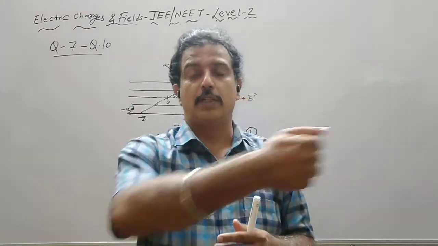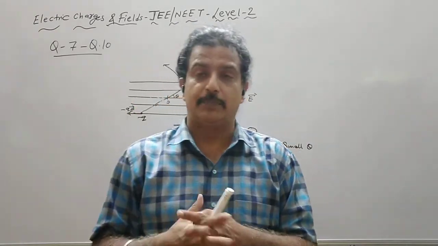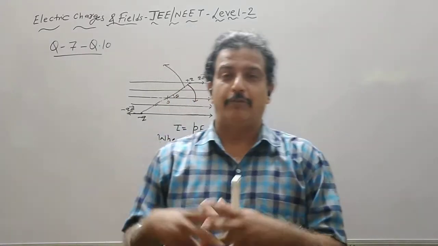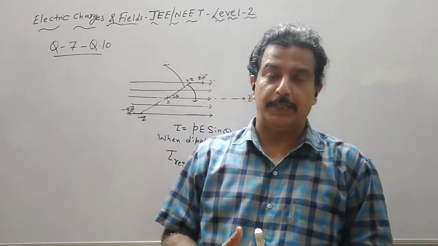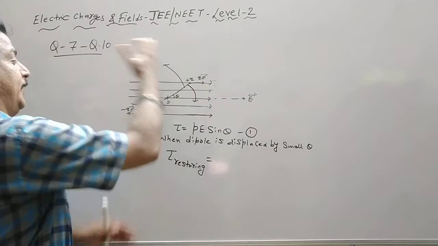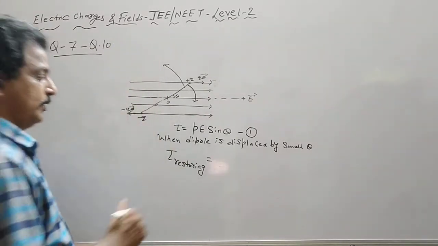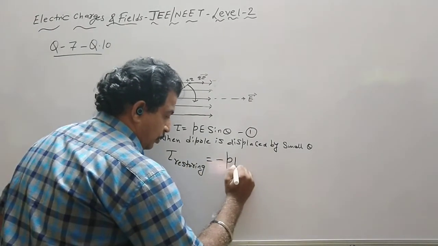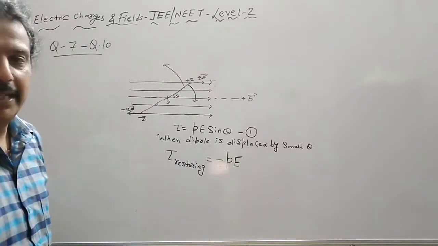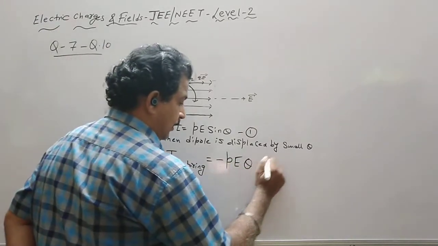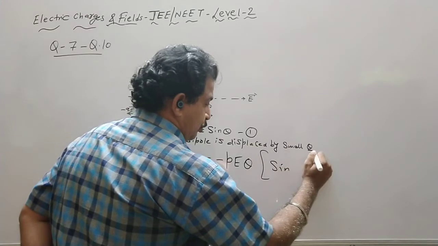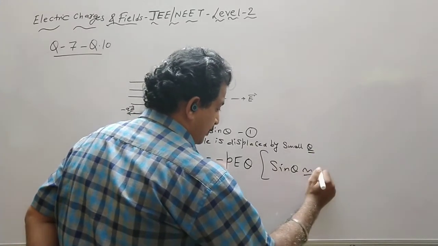If I try to stretch the spring, the restoring force is opposite to me. So if I am trying to rotate it, the restoring torque is in the opposite direction. So it can be written as minus PE theta, where theta is very small, so sin theta is approximately taken as theta.